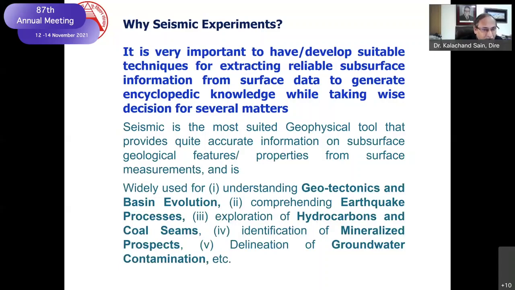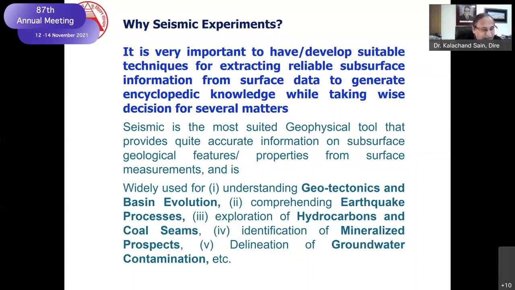It is very crucial to understand the methodologies that can be used to extract reliable subsurface information from the data acquired on the surface. That gives us a lot of information to take a decision on whether we do exploration of hydrocarbons, whether we understand earthquake processes, geotectonics and basin evolution, or identify mineralized prospects and groundwater contamination.